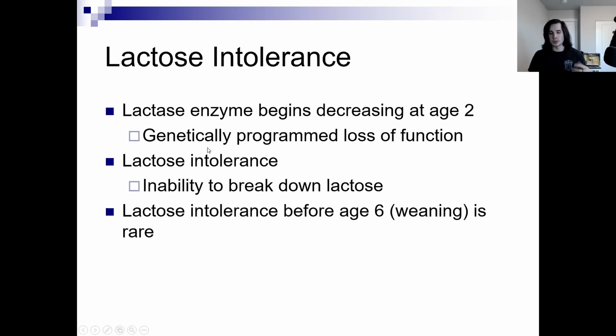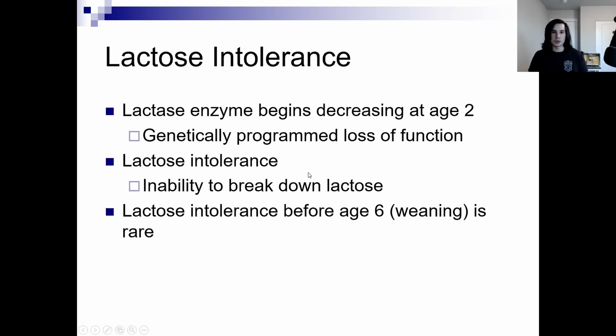And so what's the purpose of spending energy to express the gene associated with lactase if we're no longer drinking our mother's milk after the age of 2? So that's kind of why it's a genetically programmed loss of function.